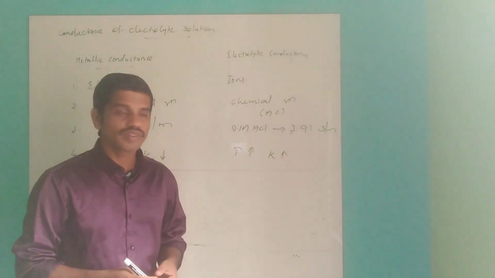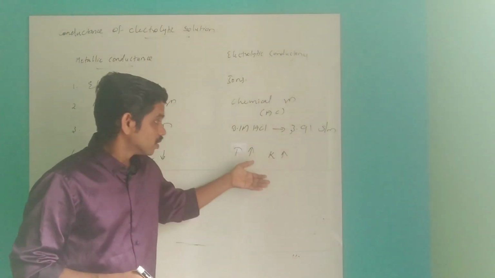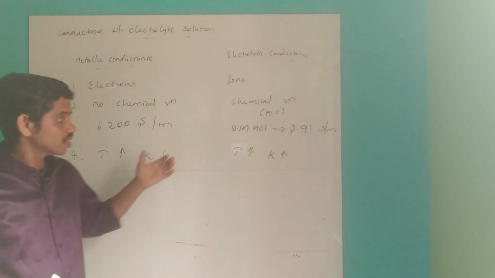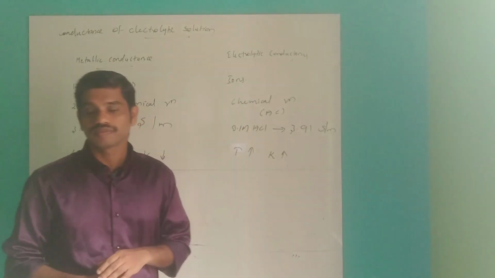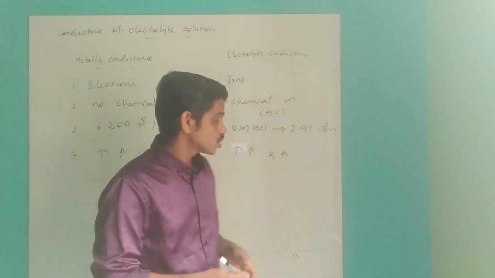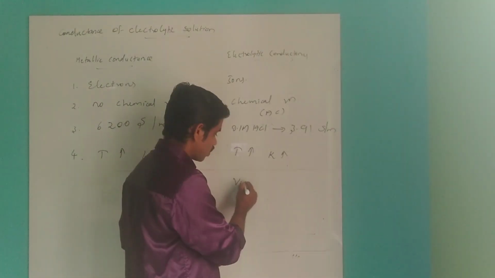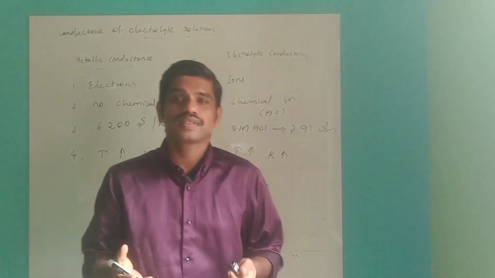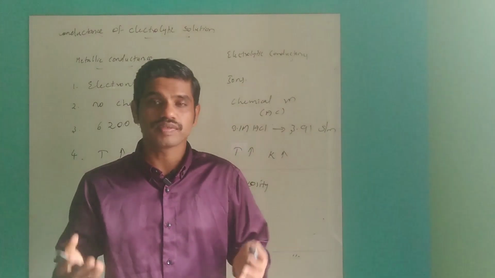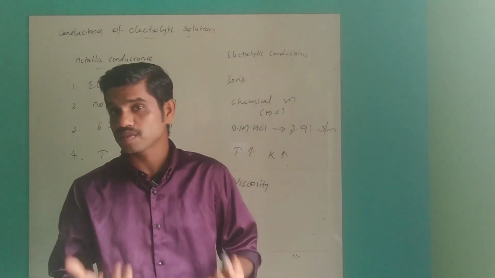So these are some of the things, and valence electrons also matter a lot here. Then for the electrolyte, when viscosity increases, the conductivity decreases. When viscosity decreases, the conductance will increase.